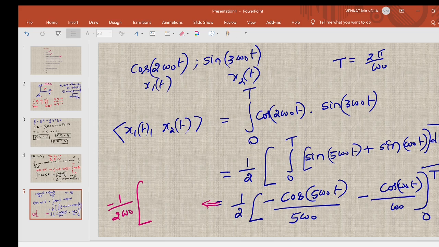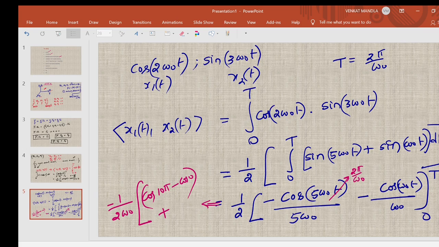Now substitute capital T, where T is 2 pi by omega naught. Then you will get cos of 2 pi by omega naught in place of t. What do you get? Omega naught cancels. You get cos 10 pi. Next, substitute the lower limit, minus cos 0.